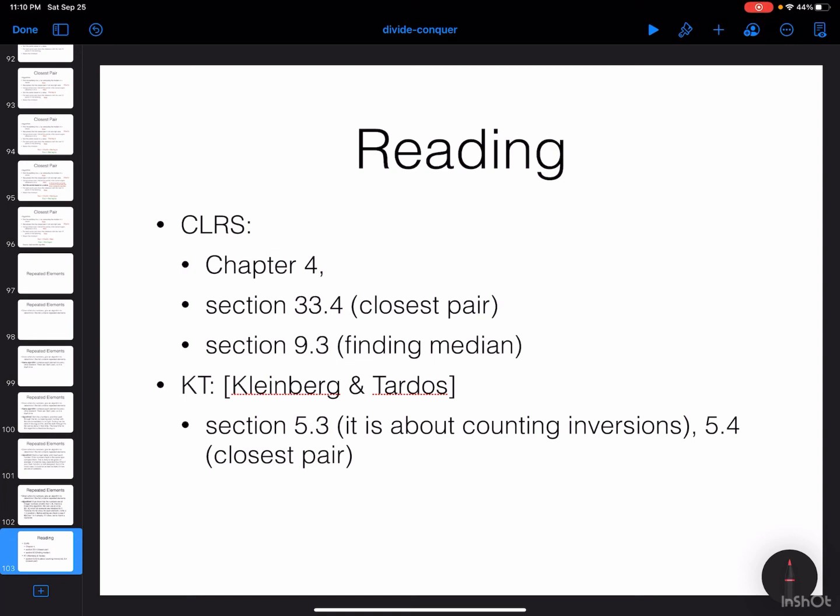The reading will continue with the exercises for chapter 4, section 33.4 for the closest pair, and 9.3 for finding the median. You can also find some related sections in the Kleinberg-Tardos textbook if you have it. That's going to be sections 5.3 and 5.4.